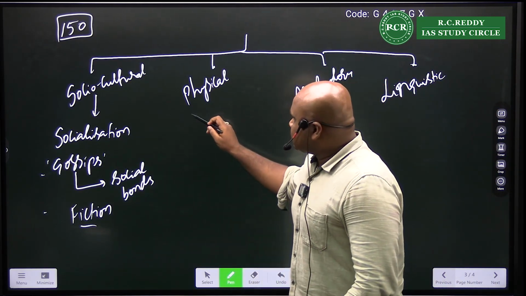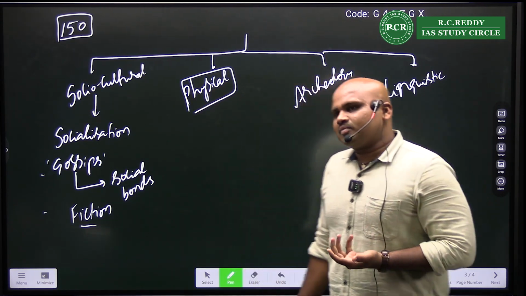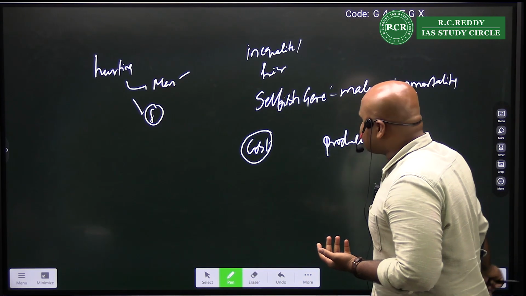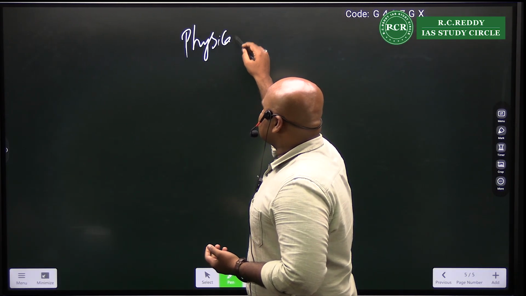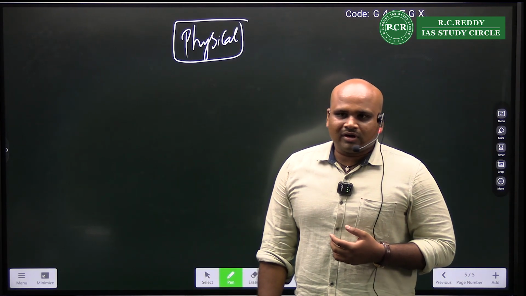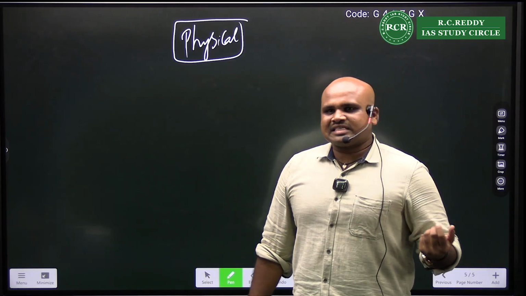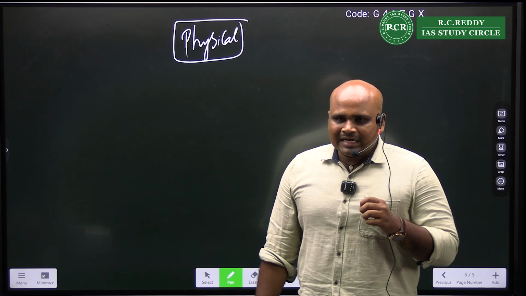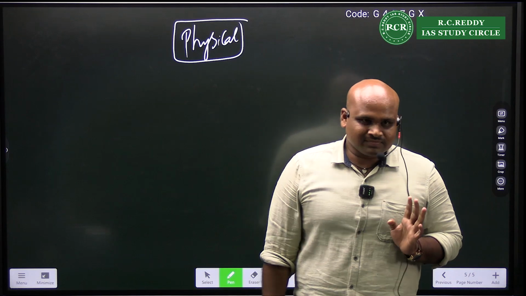Now when you look at the next dimension, that is physical anthropology, most of you will have an apprehension about choosing anthropology or not based on physical anthropology. Because most of you will be engineers, or BSc MPC. Now 99% of those people chose maths because they didn't want to learn biology.